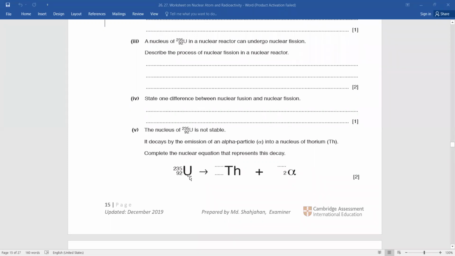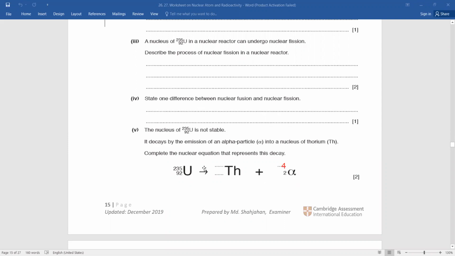Sir, can you repeat from the first, the mass number in thorium? Look here. First we are doing this one. We know about alpha, right? So what is the mass number of alpha? 4, because alpha has 2 neutrons and 2 protons, right? That's why alpha will be mass number 4.